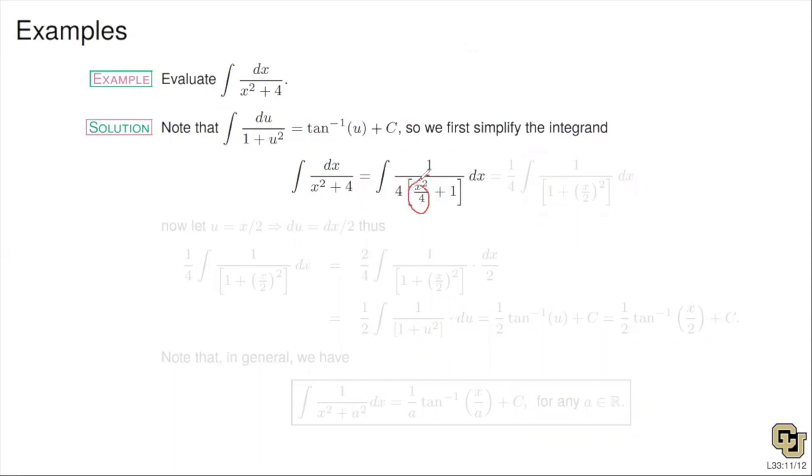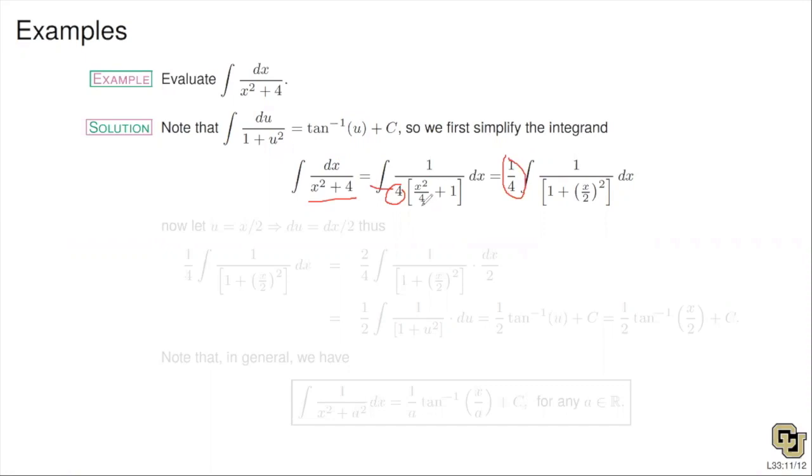And this x squared over 4, I want to write it as a single variable squared. So I'm going to write this as x over 2, the whole thing squared. So take a look. Starting from x squared plus 4, I factor out the 4, pull that out. That's where this 1/4 comes from.